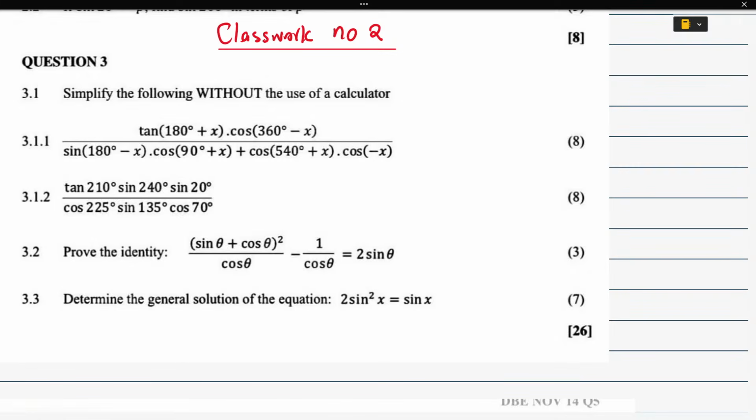In 3 minutes time, we're going to be doing correction now. We are almost done.